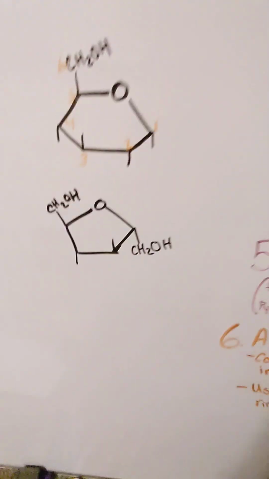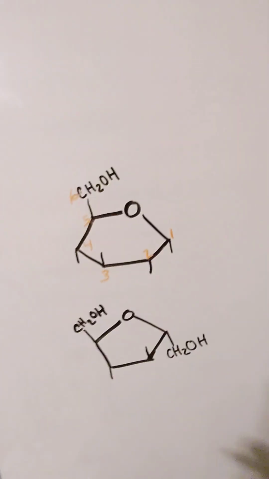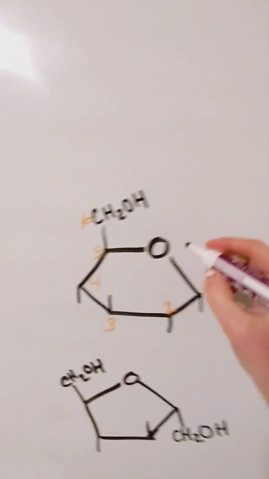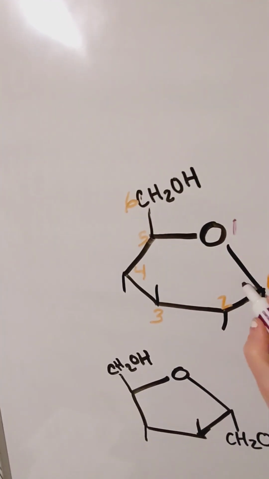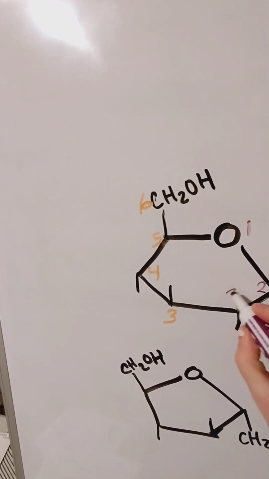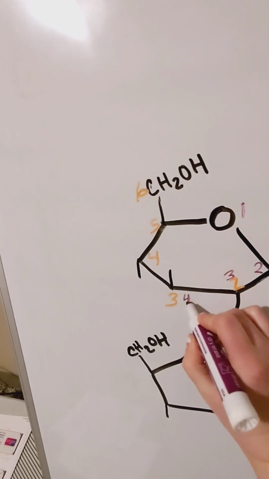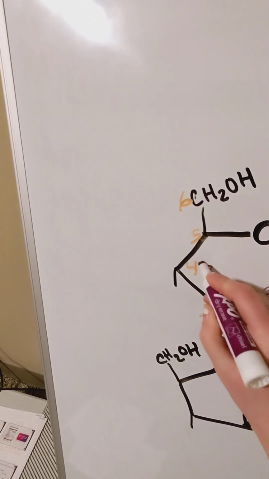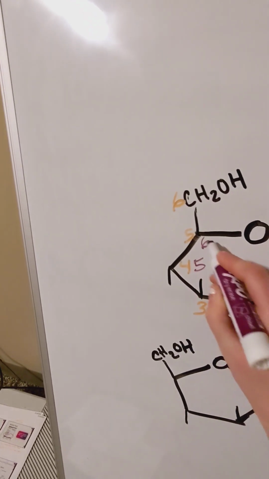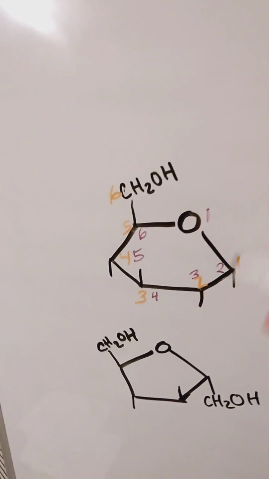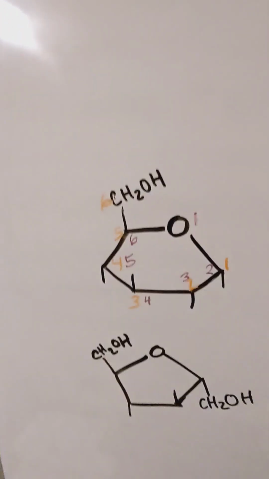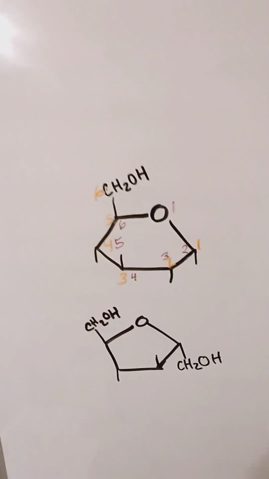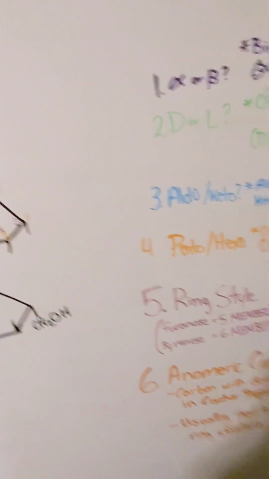If we count the things in our ring, we come up with 1, because we have to count the oxygen. It's part of the ring. 2, 3, 4, 5, 6. Keep going in our ring, this is 1 again. We always count clockwise, and that's standard for all ring structures.